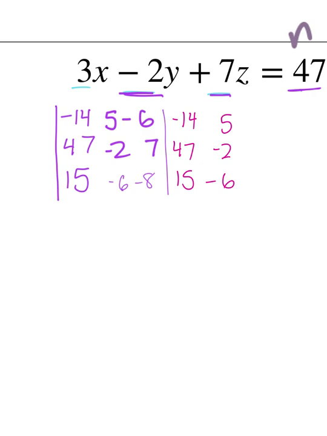And you solve them by multiplying diagonally. So here I'm going to get negative 224, 525, and then 1,692. And then for the other way to diagonally multiply, I'm going to get 180.